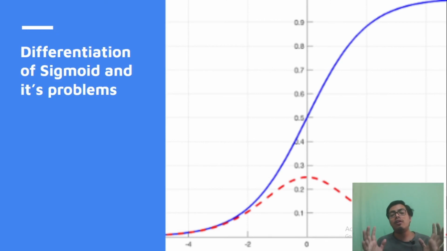So the problem of vanishing gradient comes from this fundamental problem of the derivative of sigmoid being in the range of 0 to 0.25.